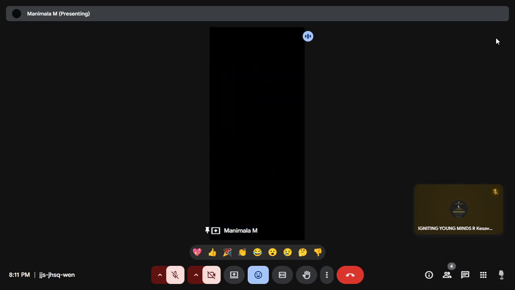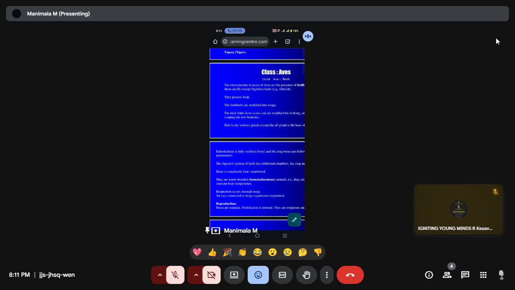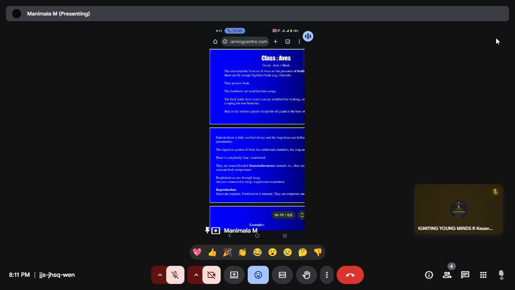So this is about the general characteristics of birds. Body division: I told you already it is homeothermic. The body has a head, long neck, trunk and a short tail. Flight requires a high surface to weight ratio.